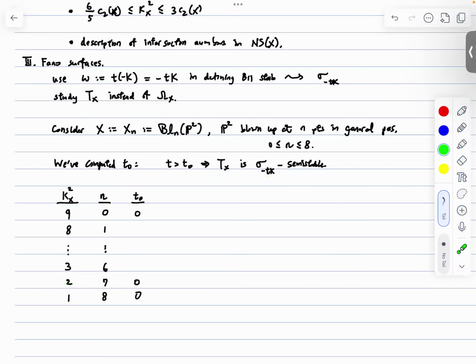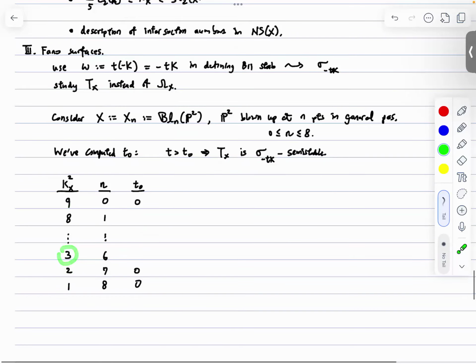And then for the other surfaces, let me just focus on the case of K squared equals 3. Right now, the best bound we have is √3/2, which is roughly 0.866.